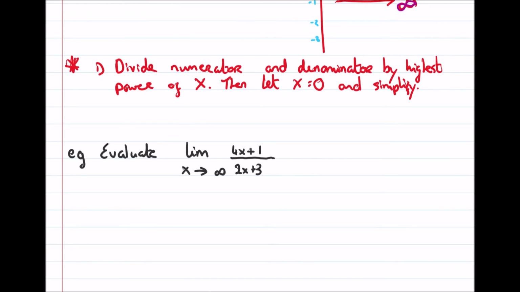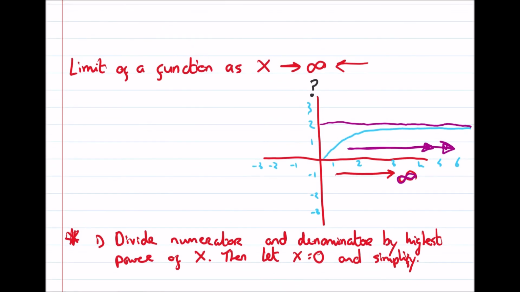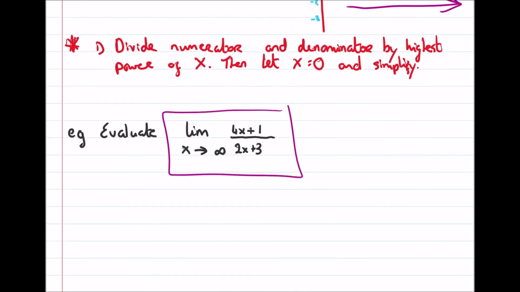So, how do I find out if I'm given a function like this? How do I find out what number it approaches as it goes to infinity? Just like this one up here, it approaches 2 as I go to infinity, this way, plus infinity. But if I'm given something like this, how do I find out what number it approaches? Well, here's what I do. So step 1 in any of these.